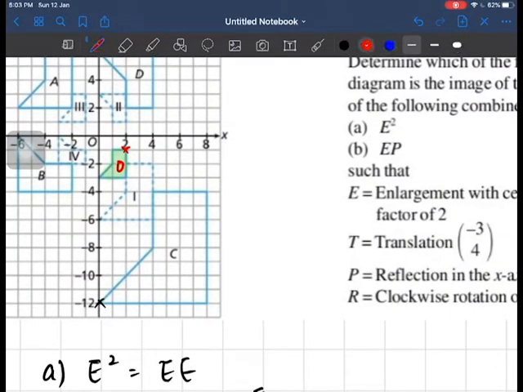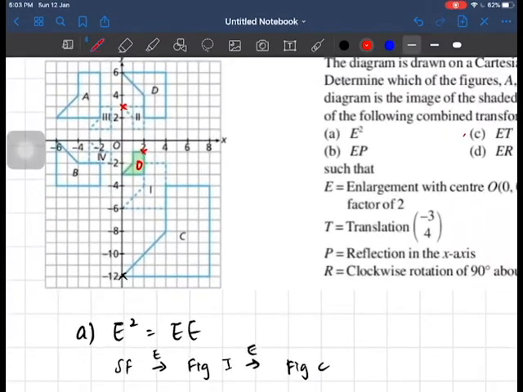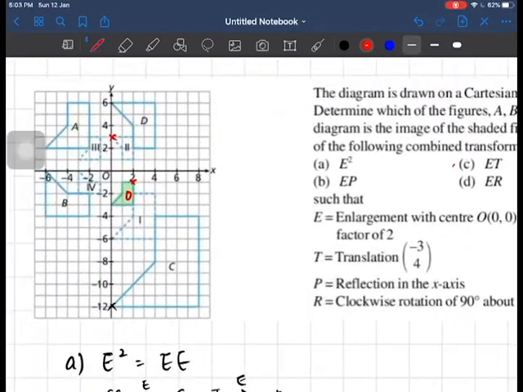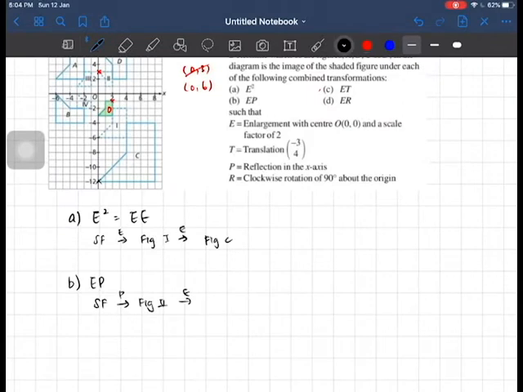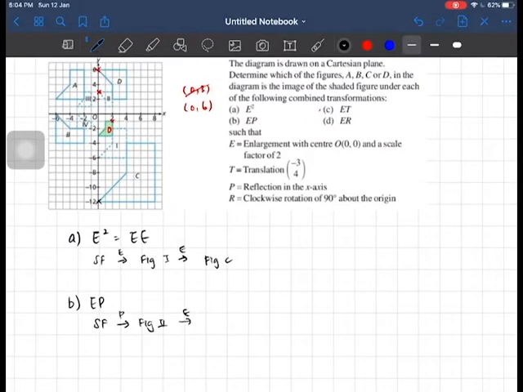So I'll choose a point. Let's take this, and the enlargement is a scale factor of 2. So my coordinates of this point would be 0, 3, which when you multiply by 2 is 0, 6, which is this. So therefore my new image is D.